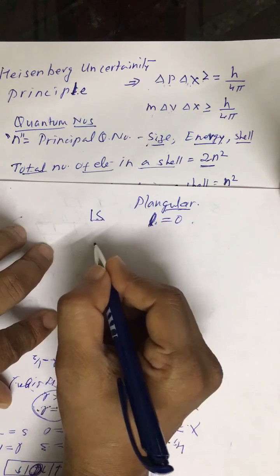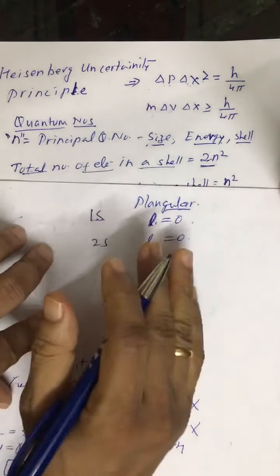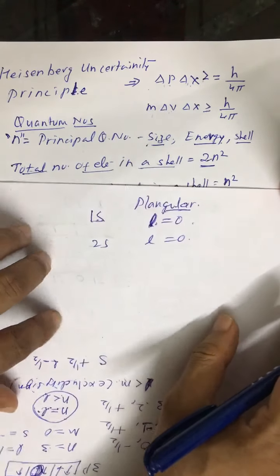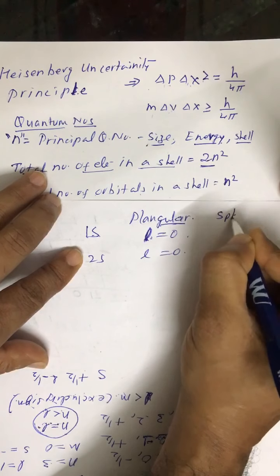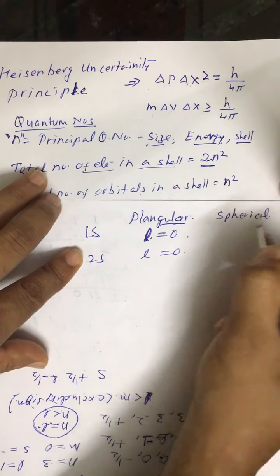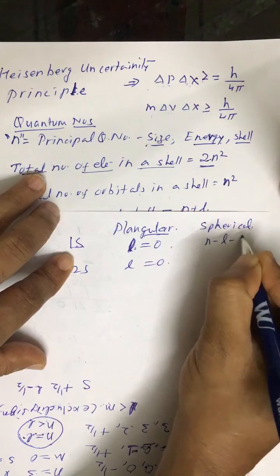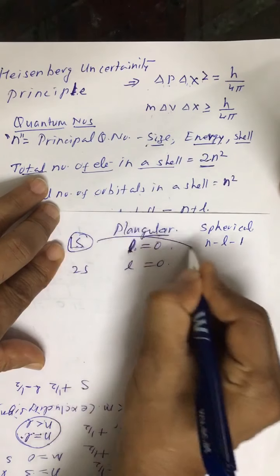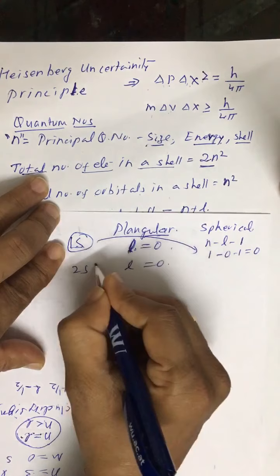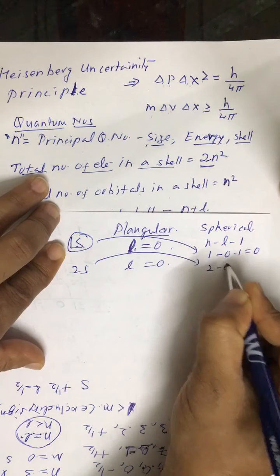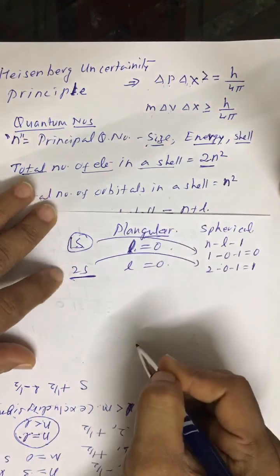And for 2s, again L is equal to 0, so in s we don't have a planar or angular node. As far as spherical node is concerned, it is given by n minus L minus 1. So for 1s it is 1 minus 0 minus 1 equal to 0, whereas for 2s it is 2 minus 0 minus 1 equal to 1. That means in 2s we have one spherical node.